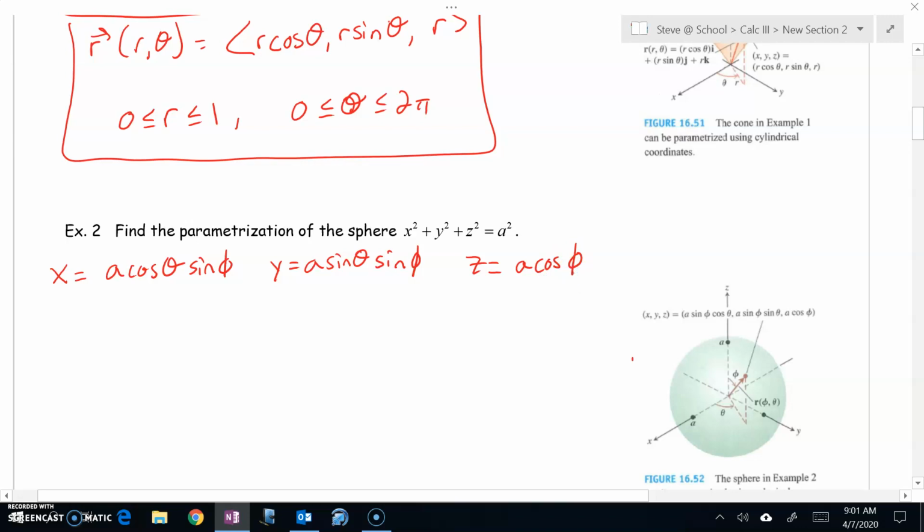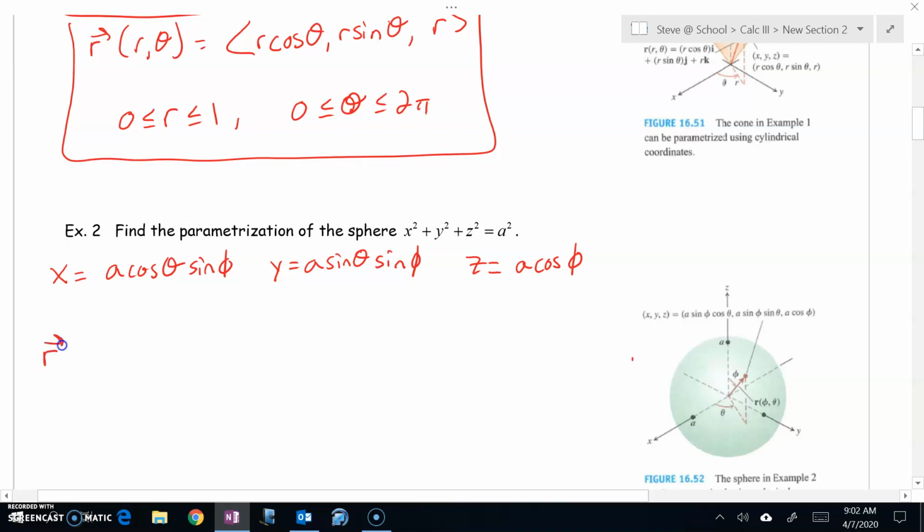Again, these were given to you back in the last chapter, actually it was probably chapter 6 when we did spherical coordinates. Again, since a is a constant, that is not a variable. Everything is in terms of two variables here. So right away we're pretty much done. Just by going to spherical coordinates, we have it.